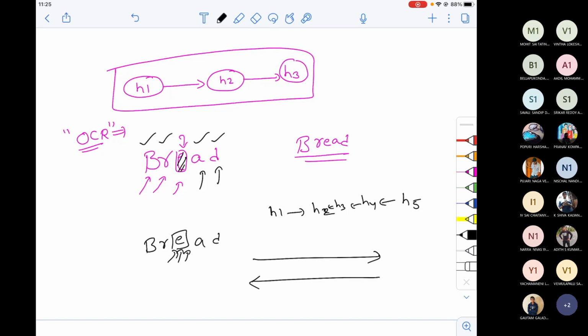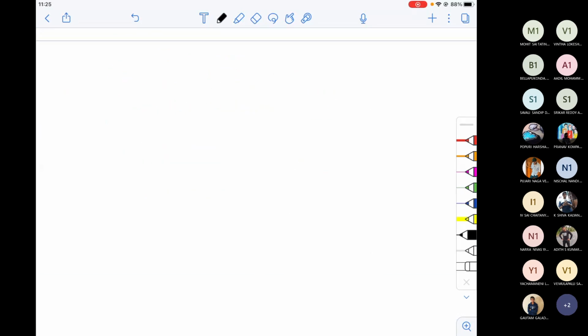The influence of the first abstract representation will not always be on the next abstract representation; it can be on the other side also. We'll see some examples at a later point.